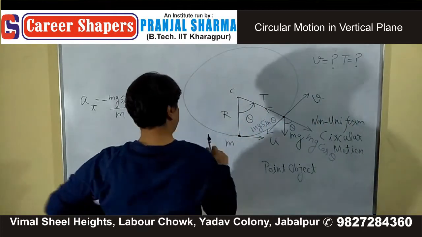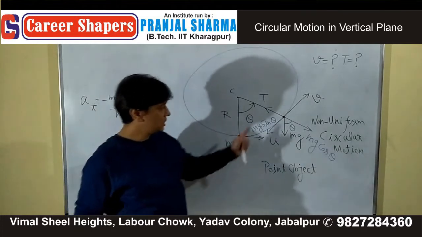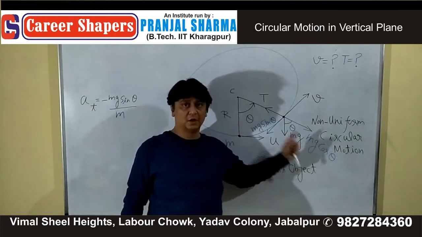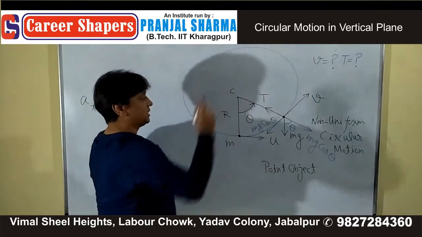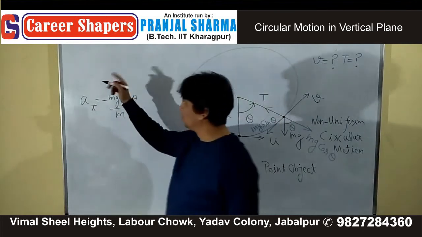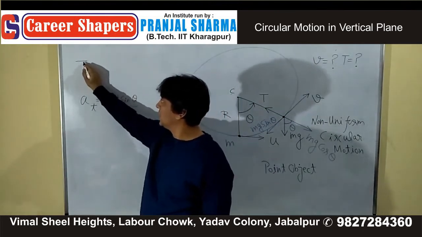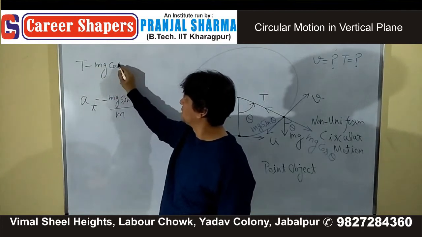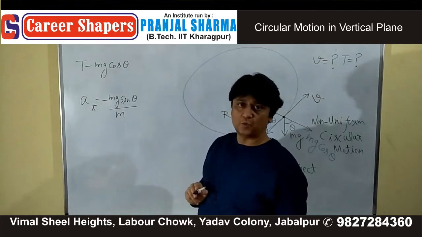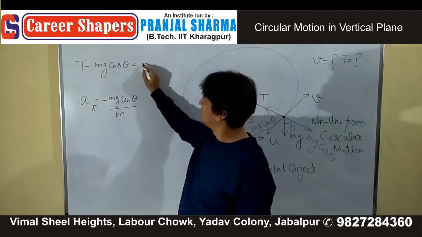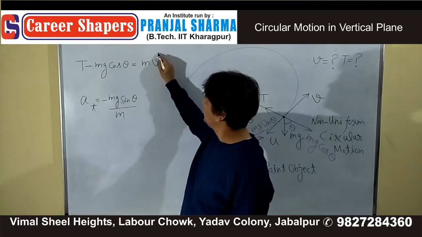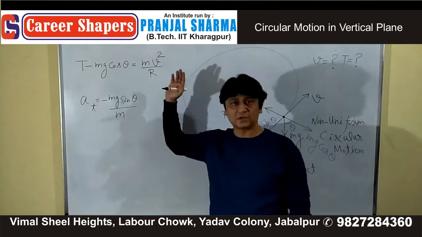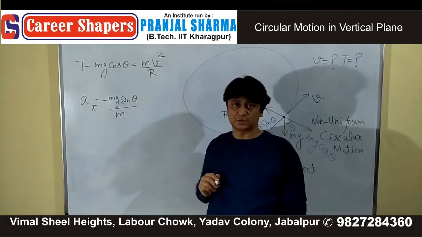But we need centripetal force, and therefore this T must be greater than mg cos theta, which gives us total centripetal force as T minus mg cos theta. And what is centripetal force? mv square upon r. We'll get the second equation from this.